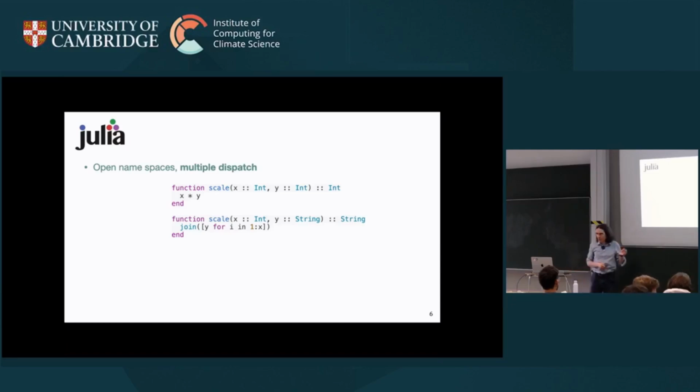So if I'm using the scale function, then Julia will inspect the types of the arguments, and it will choose which one to do based on the types of all of those arguments. So the dispatch is choosing which function code actually applies here, and the multiple is that it's doing it based on all of the types of the arguments. So if I have two integer inputs, then it'll do this one, and if I have an integer and a string, it'll do this one.